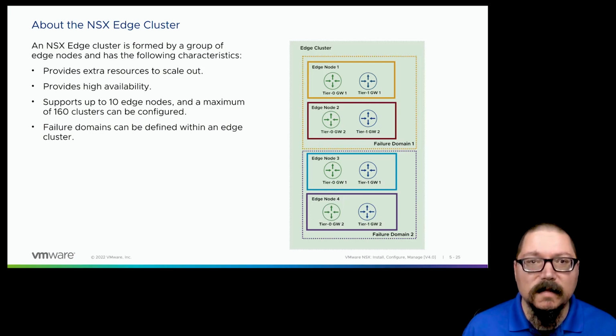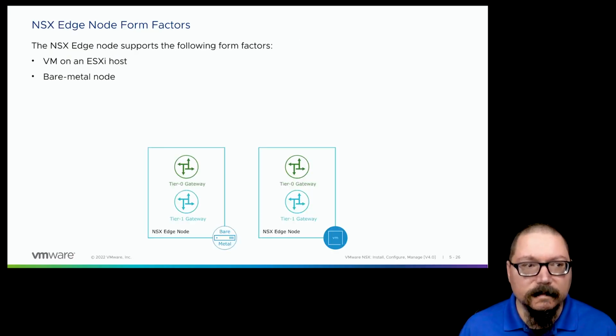Well, maybe I set up some failure domains to encompass the edge nodes that live in each rack, so that NSX knows that when it needs to place an active standby service router, it places the active in one failure domain and the standby in a separate failure domain altogether, instead of just on another edge node in the cluster. So failure domains give us some additional availability and flexibility in what we're doing.